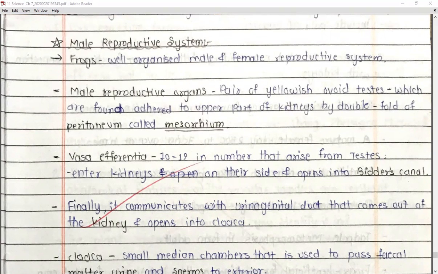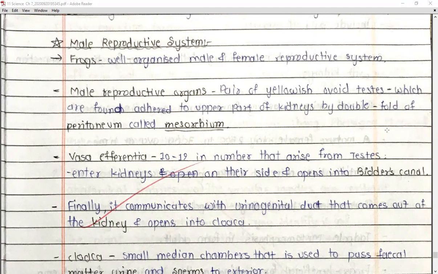In the male, the organs are a pair of yellowish ovoid testes. Ovoid means having the shape of an egg, right? So the male contains the testes, which are present in a pair, and the color is yellowish.